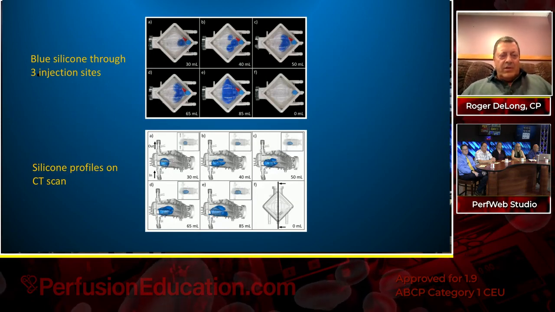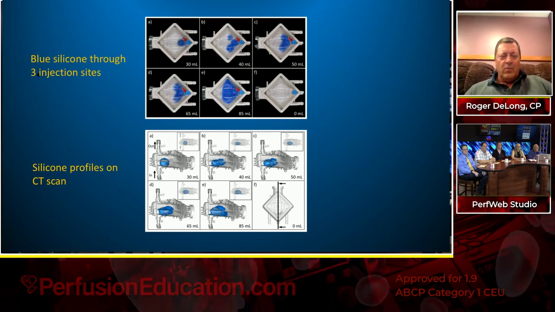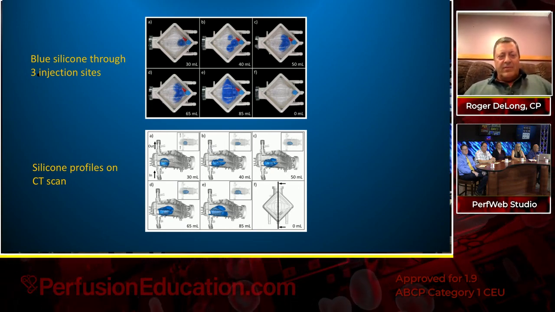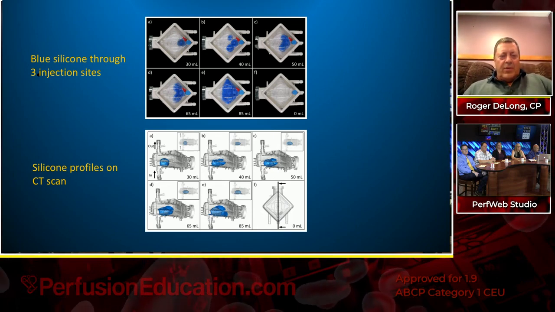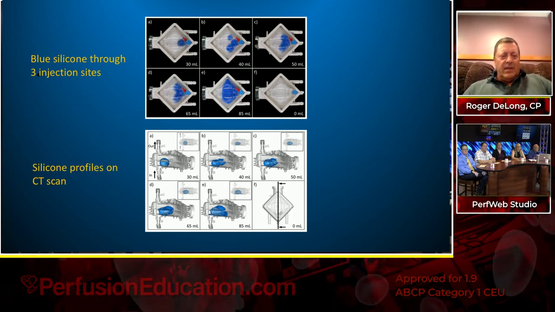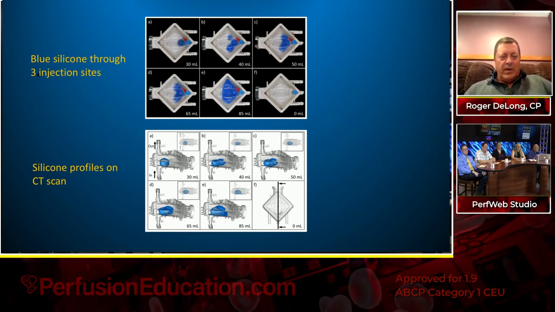What he did was he took several quadroxes, he drilled little holes in the corner where clot is most likely, and he filled it up with varying amounts of silicone. I think 30, 40, 50, 65, and 85 cc's. And in the bottom, then what he did is he took a CT scan of each one.